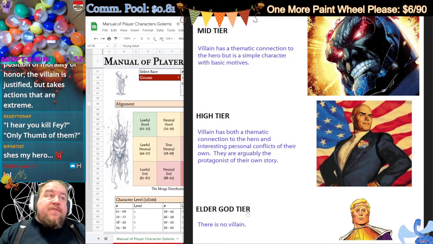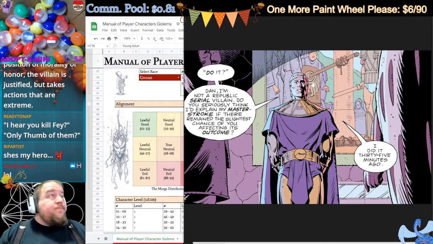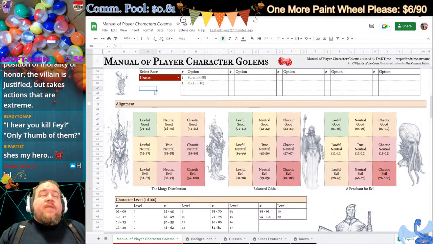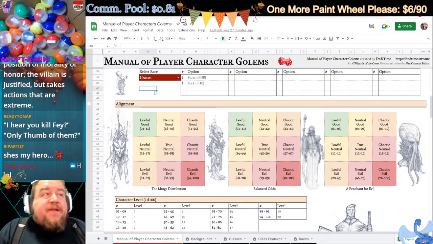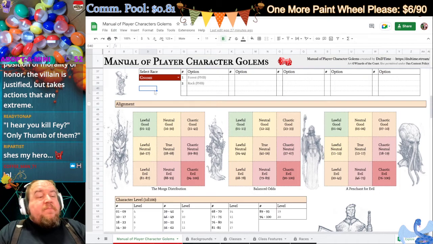Probably not an Elder God tier villain, but I think we have at least a high-tier villain. And whether or not we want to put her on a redemption arc or anything like that, those are things that can be explored.